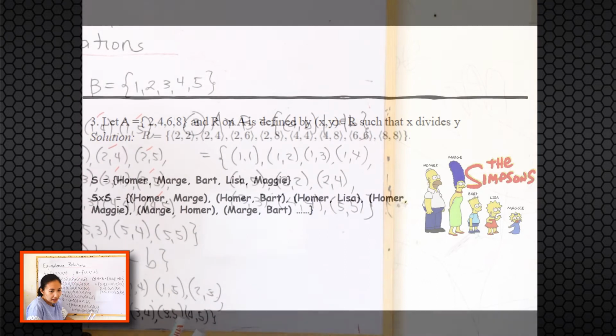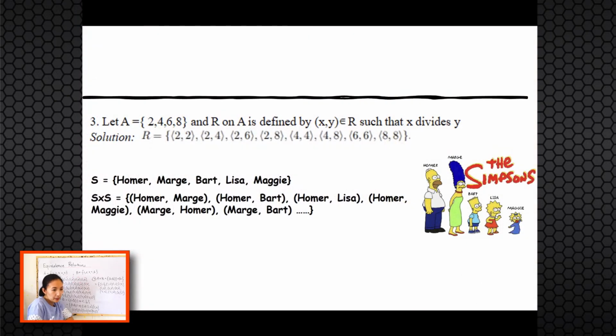Here is another example. Let A be the set {2, 4, 6, 8} and R is a relation on A defined by the set of all ordered pairs (x, y), elements of the relation, such that x divides y.